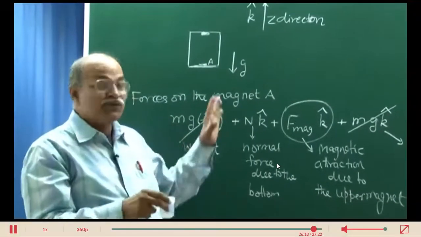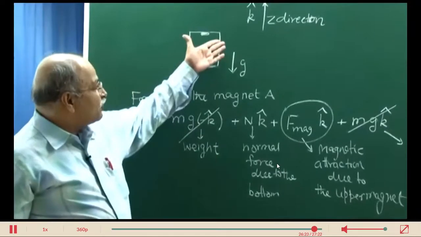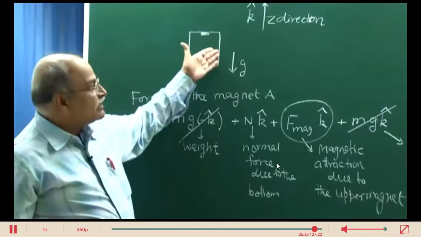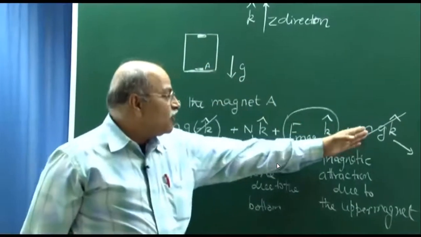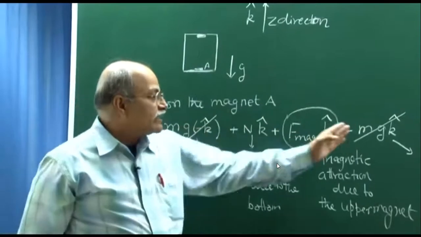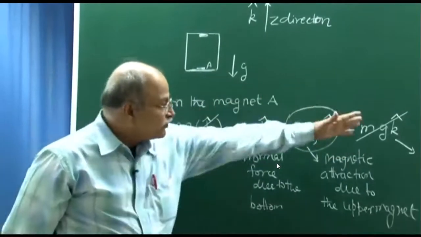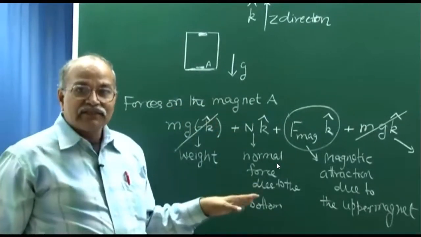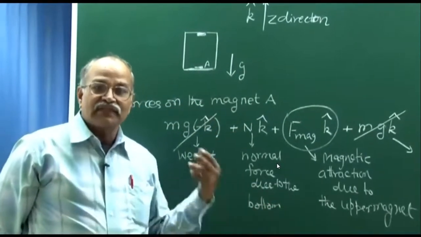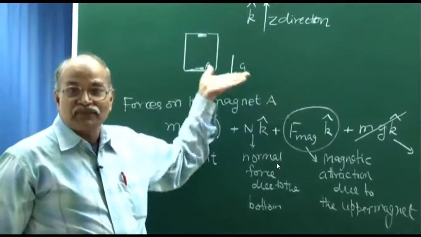So, this is how pseudo forces are included. And if your frame is falling freely or it has an acceleration g, as you see here, all effects of gravity get cancelled with the pseudo force. So, the pseudo force and the weight cancel each other. So, you forget the pseudo force and you forget gravity, and you can write your equations and it works.